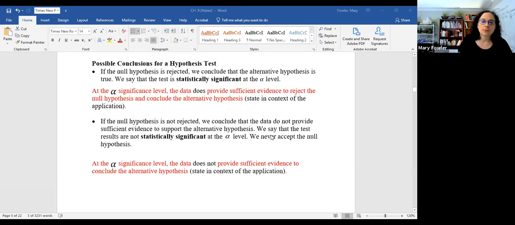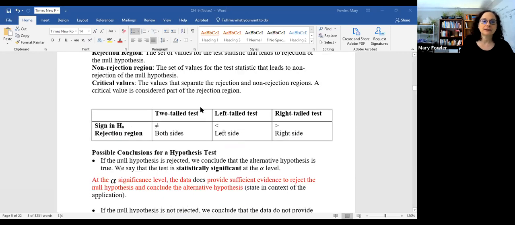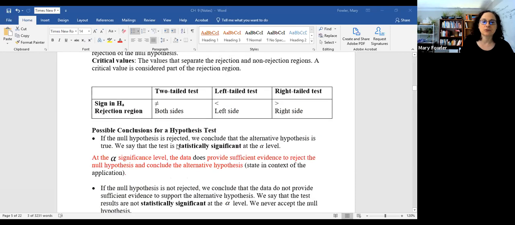So here are the possible conclusions. If the null hypothesis is rejected at the alpha significance level, we say a test is statistically significant at the alpha level.